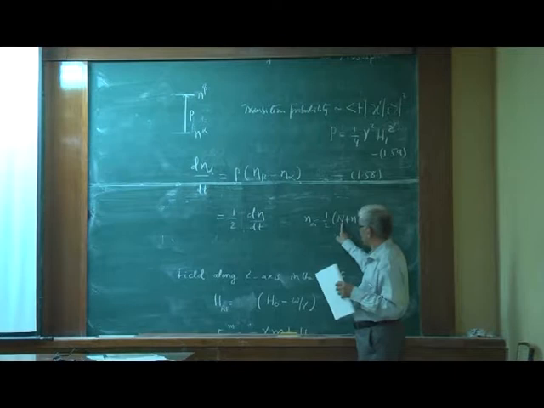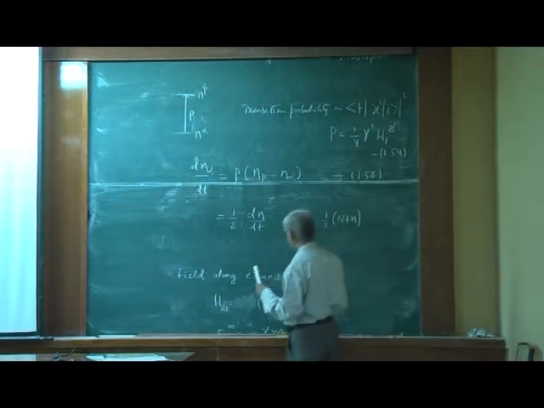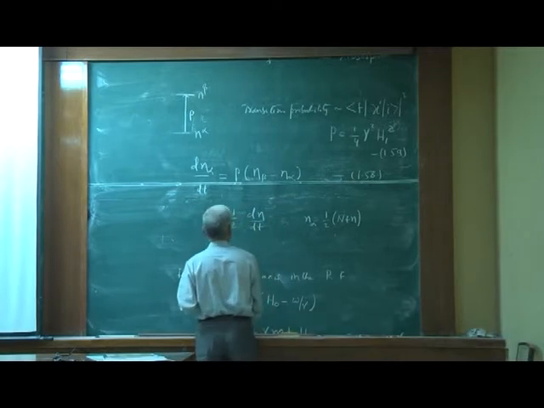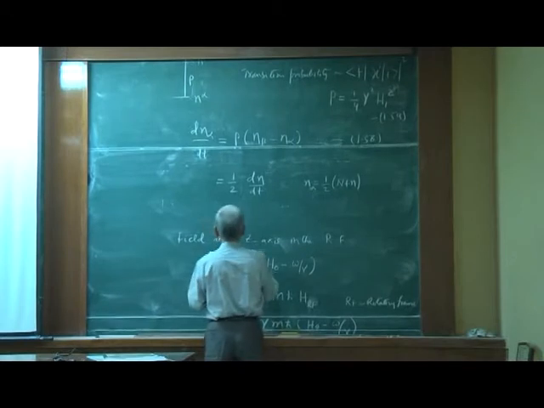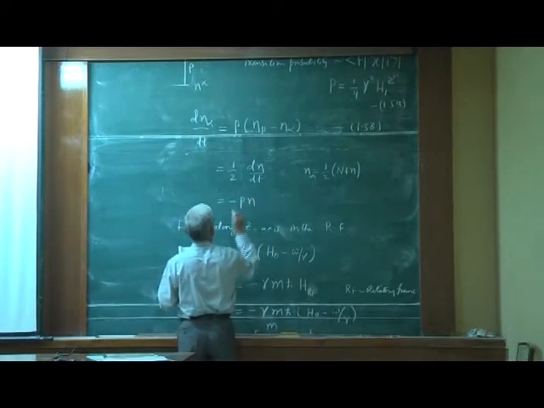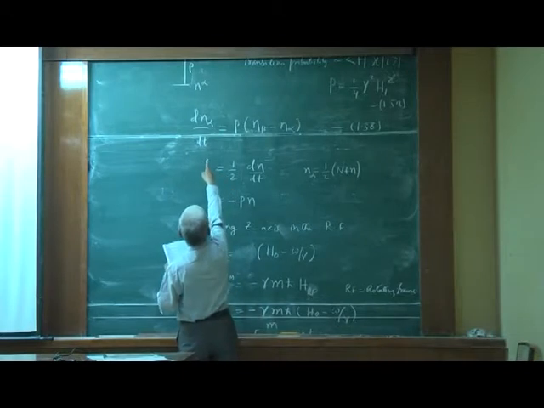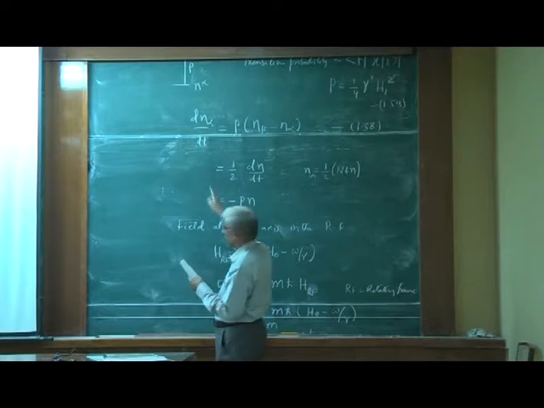This capital N is the sum of the two and is a constant, and therefore that will drop out. And this is equal to minus Pn. This is the left hand side, and the right hand side is this.